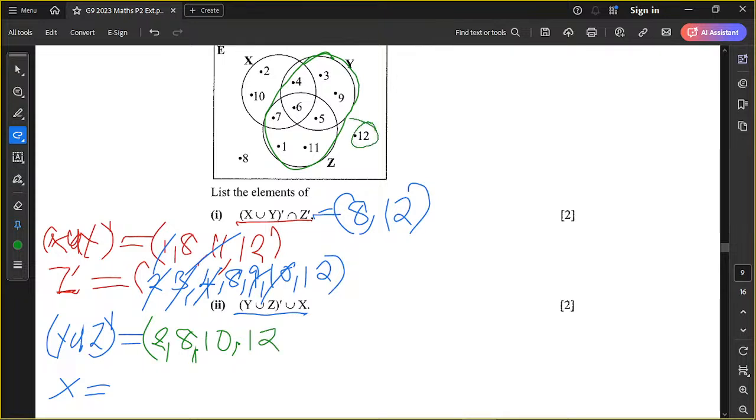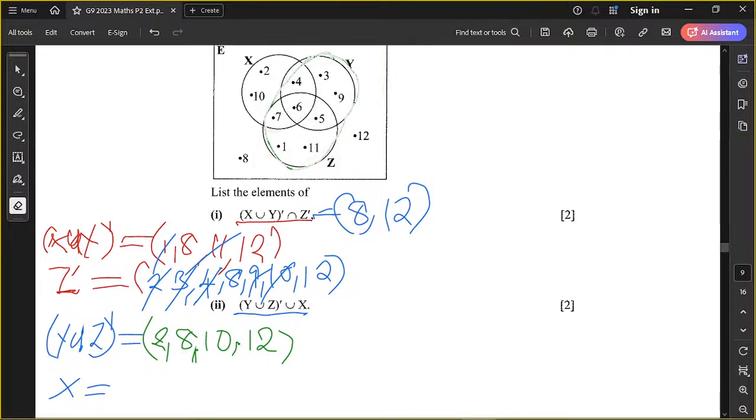Therefore, 1, 2, 3, 4. Okay, 4 elements that do not belong either in Y or Z or in both. So we can close this one, or maybe let's see, remove this first, then 12. We close bracket.